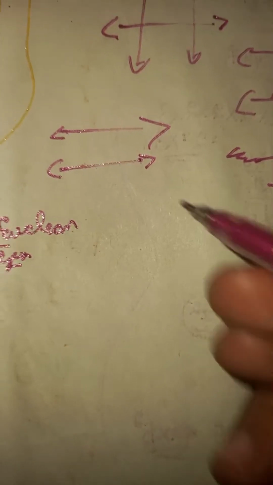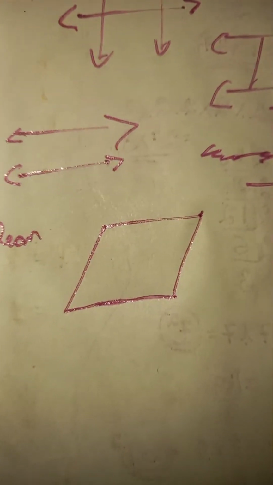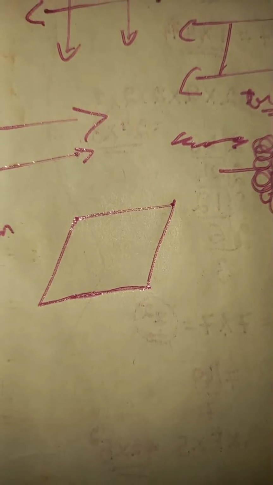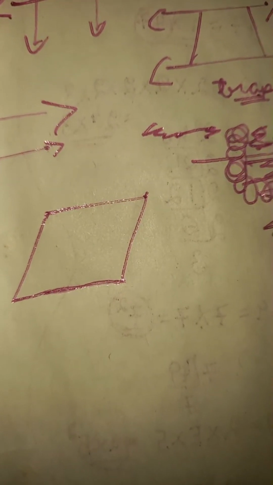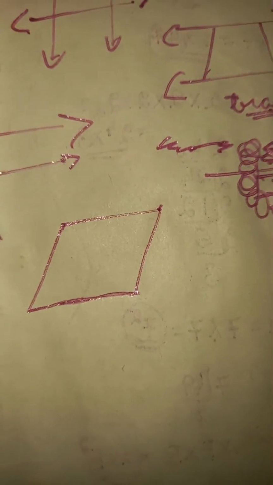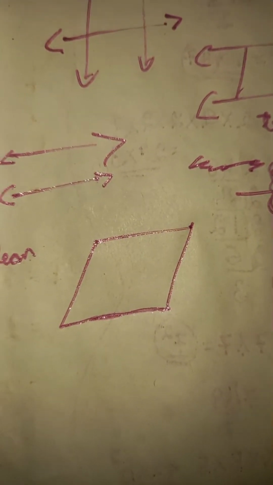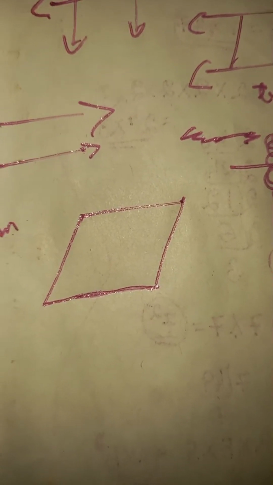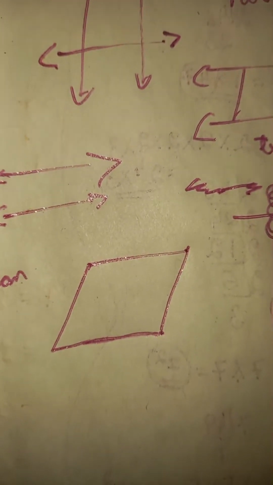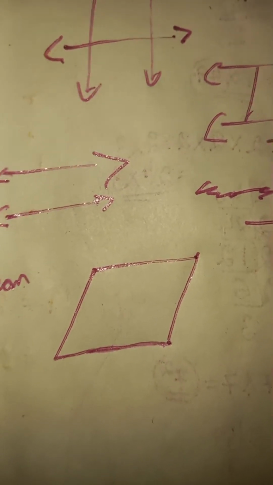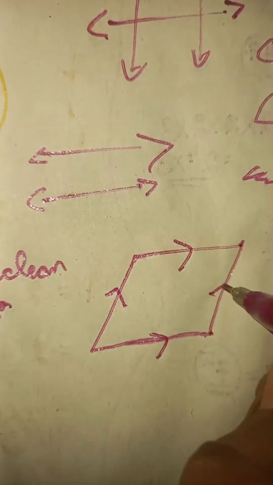Let's tell some more things about the parallelogram and trapezium. If you take this parallelogram, in this parallelogram these two sides are going to be parallel and even these two sides are going to be parallel.